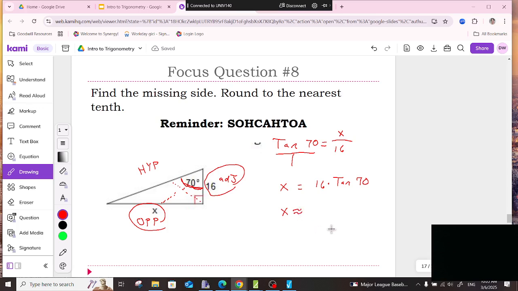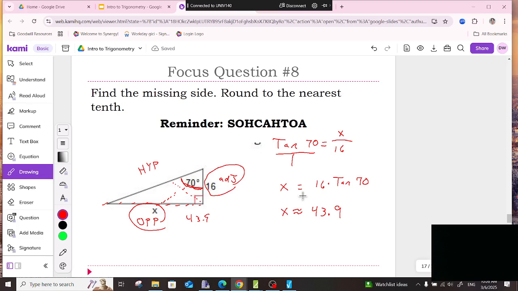Approximately, because we'll probably be rounding. Did everybody else get 43.9? It's rounded correctly, okay. And remember, this isn't a degree, this is the side length. This side length is 43.9.